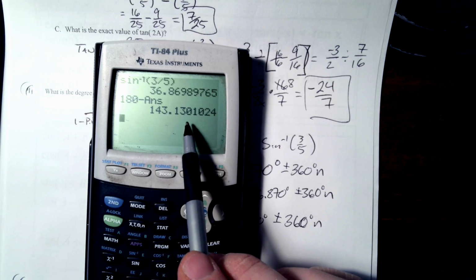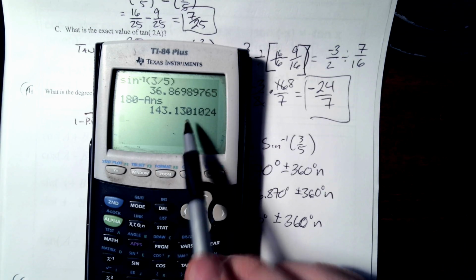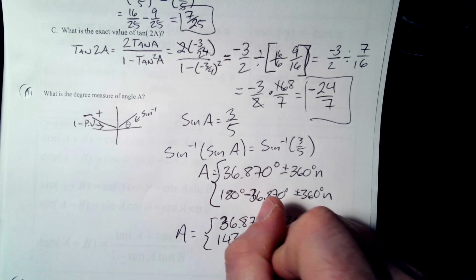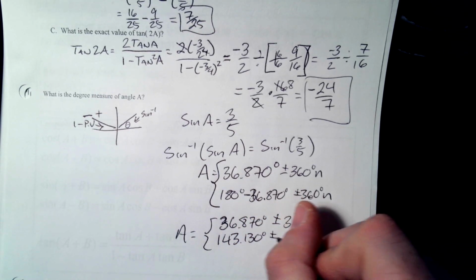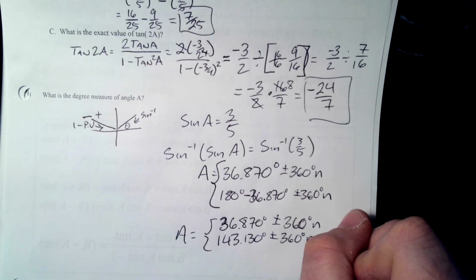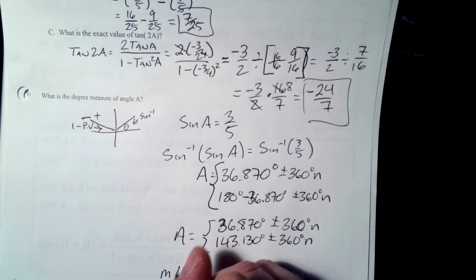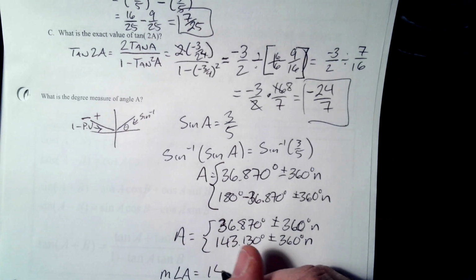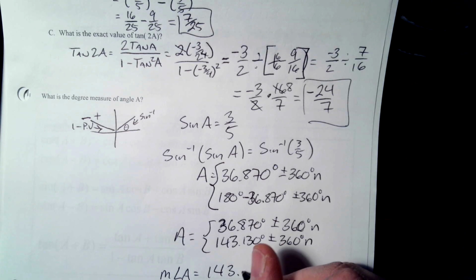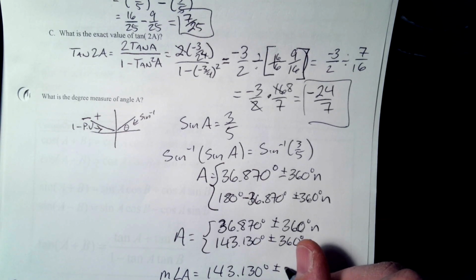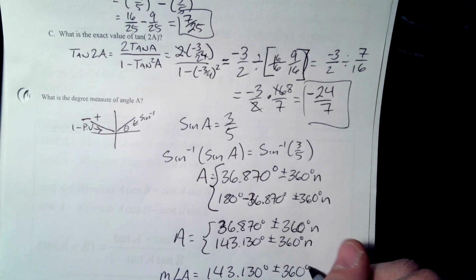But our 3 decimal point answer is 143.130 plus or minus 360 degrees n. And again, because we're in quadrant 2, the one that's 180 minus our principal value, we know the measure of angle A has to be some variation of this 143.13. It could be positive or negative, depending on how we rotated and how many times we rotated.